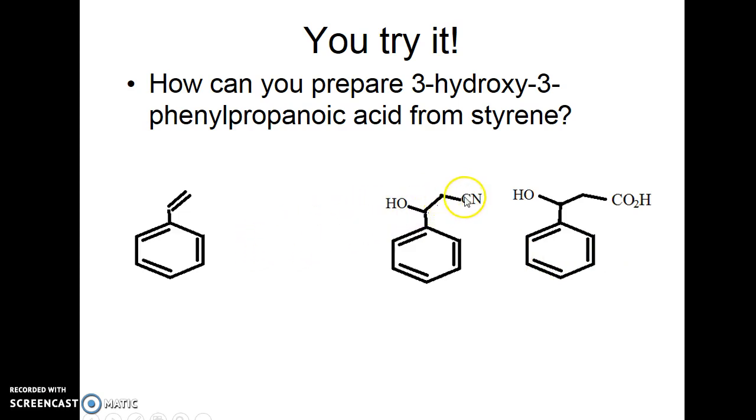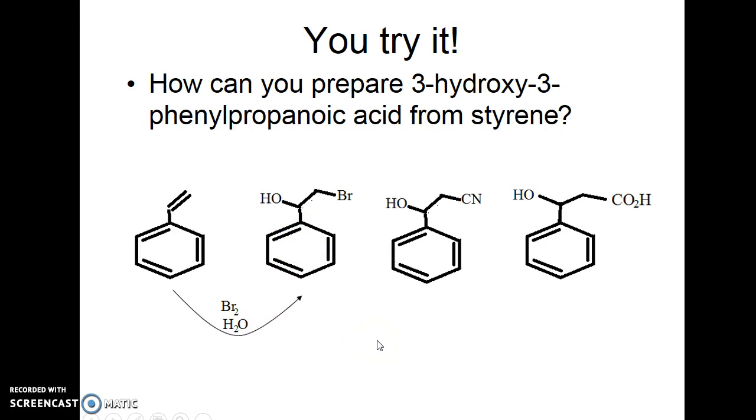Well, this could have been a bromide because I know I can add bromine and water across this double bond, and it would give me Markovnikov addition for the water across the double bond. So what conditions do I need to go from styrene to this hydroxybromide? Well, just bromine and water would do it.